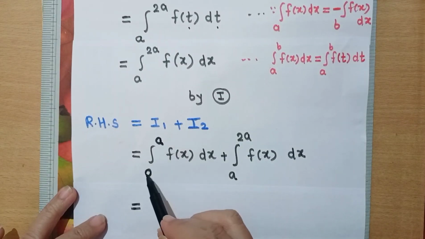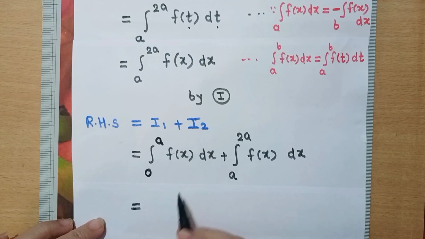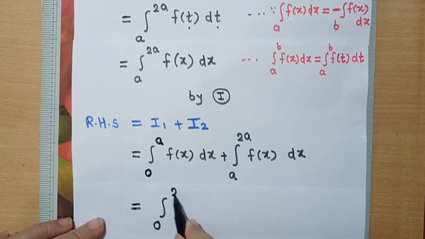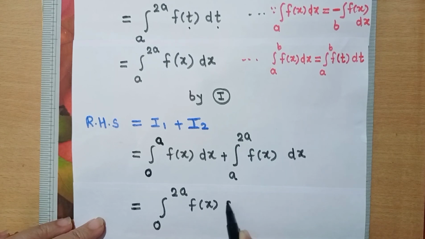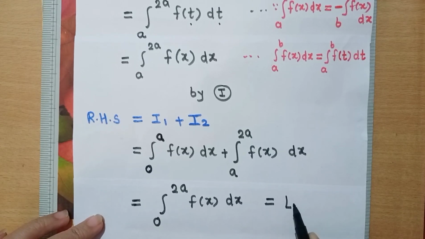If a is the number lying between 0 and 2a, then the simplification of this is integration from lower limit 0 to upper limit 2a of f(x) dx, and this is nothing but the left hand side.